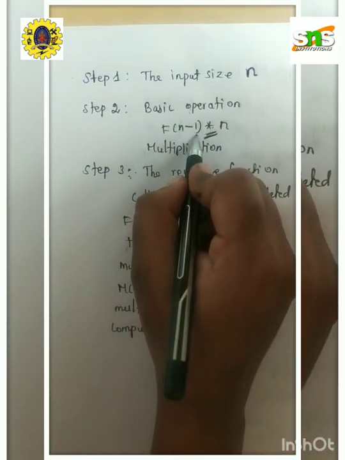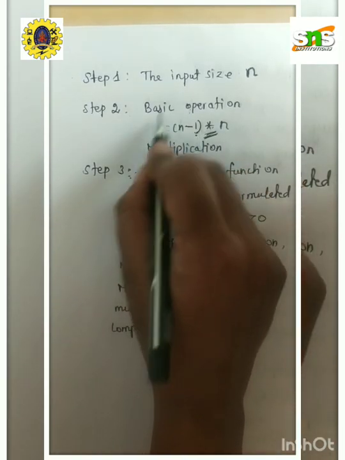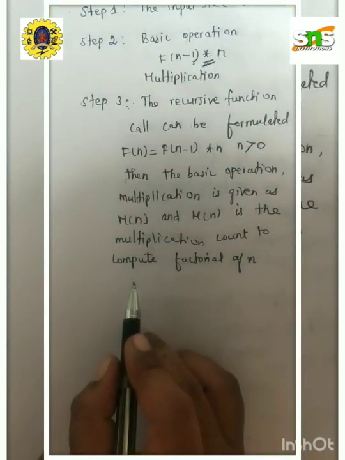So how many times the factorial function is called, that is the number of times the factorial function gets executed.